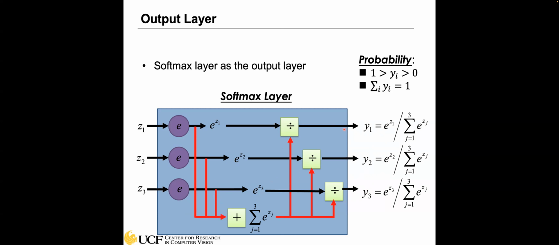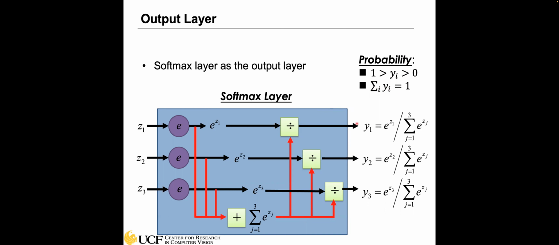Essentially we want these outputs to behave like probabilities, between 0 and 1, and all the elements sum to 1.